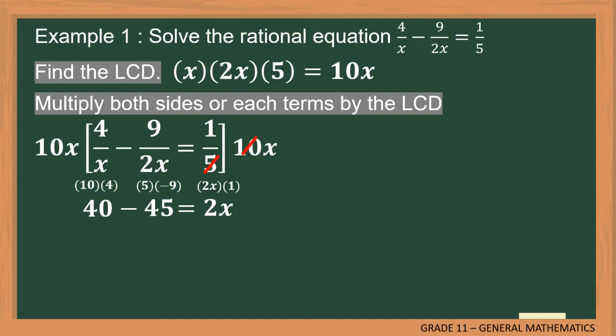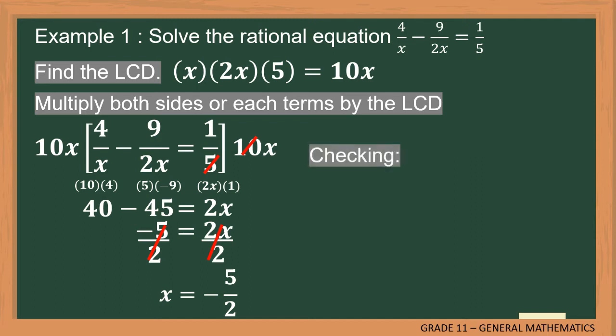And then, isimplify na natin 40 minus 45, and that is negative 5. So, negative 5 is equal to 2x. And divide both sides by 2. So, therefore, x is equal to negative 5 over 2.